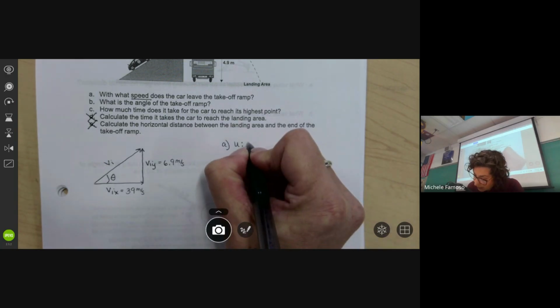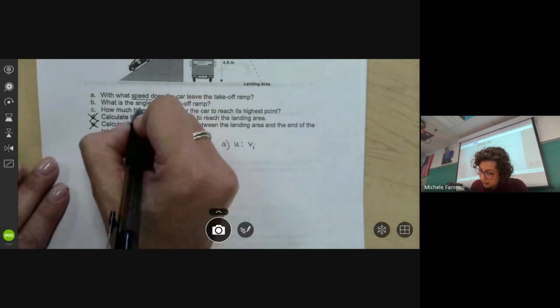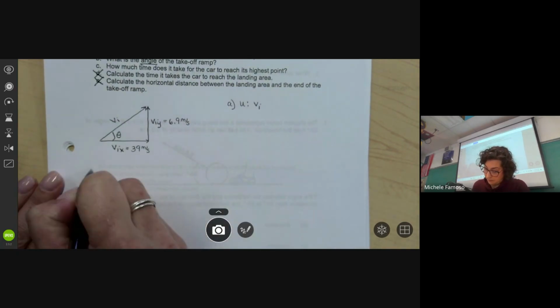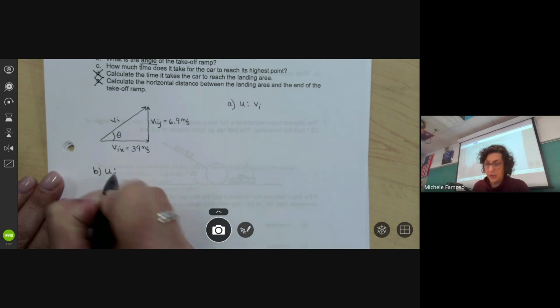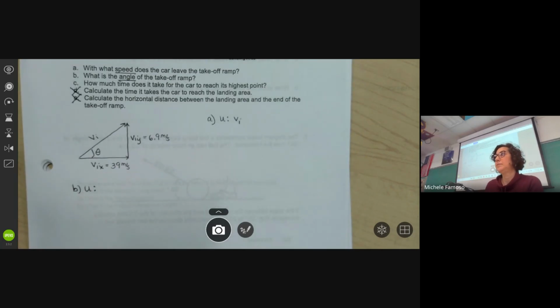VI. The unknown is VI. In part B, it says, what is the angle of the takeoff ramp? What does that mean I'm looking for in part B? Theta, that's right.